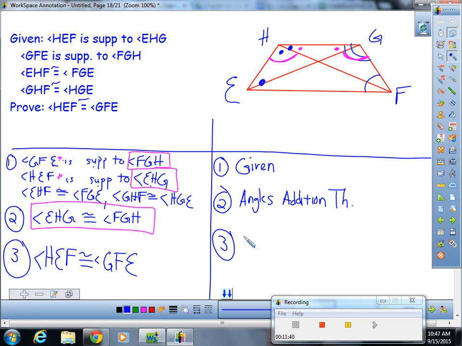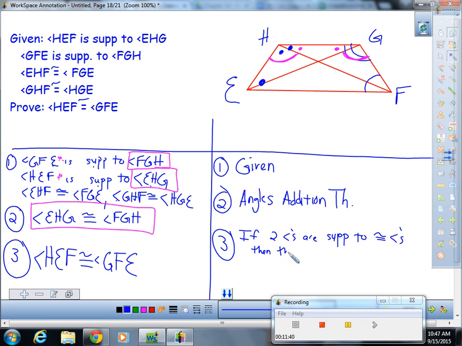Because if two angles are supplementary to congruent angles, then those two angles are congruent to each other. Okay? Alright, I just messed up what we were trying to prove there with a typo, so let me go back over this entire proof.